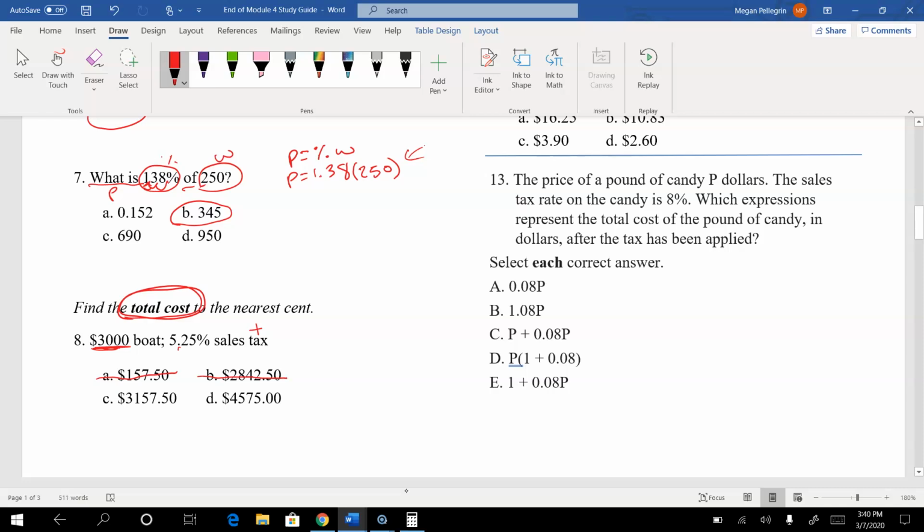So move that decimal 2 places to the left. 1, 2. That's our percent. This is our whole.